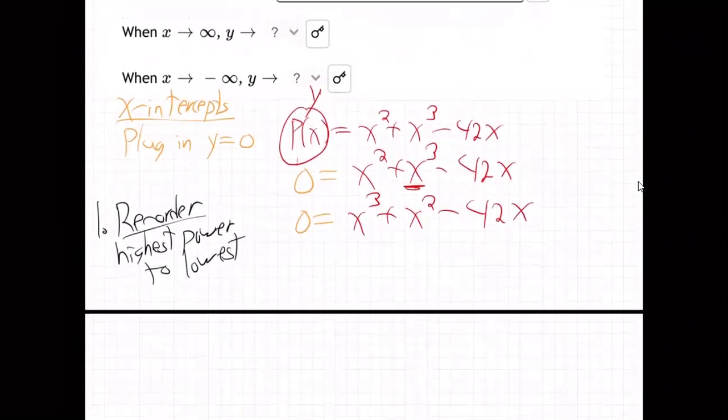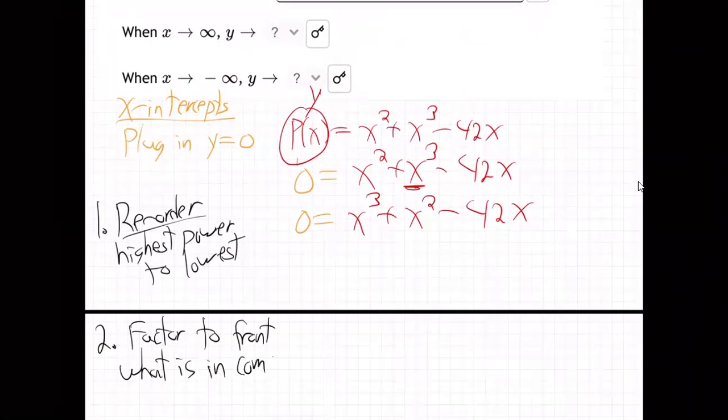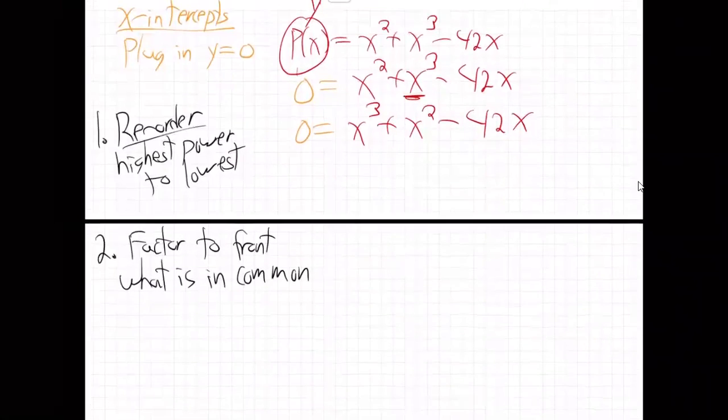Then what? Step 2: factor to the front what is in common and put one big parenthesis. So step number 1, reorder.